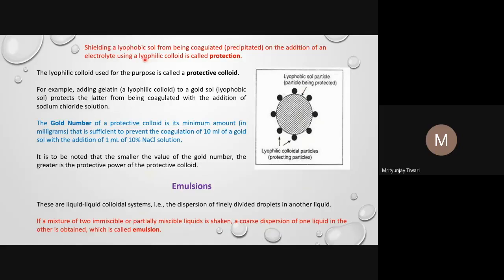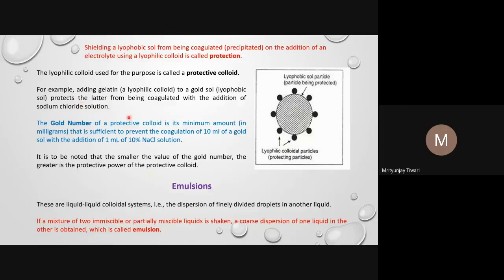So shielding a lyophobic sol from being coagulated or precipitated on the addition of an electrolyte, using a lyophilic colloid, is called protection, and the lyophilic colloid used for this purpose is called a protective colloid. So the lyophilic sol here is called the protective colloid, and it protects lyophobic colloids from coagulation.